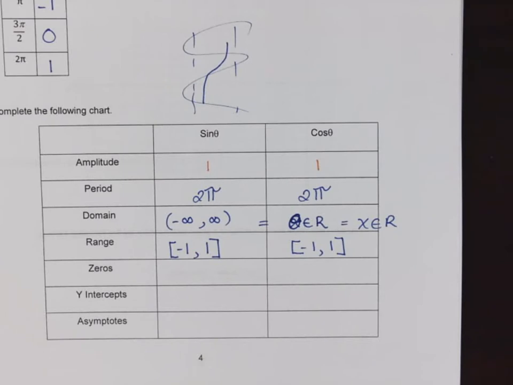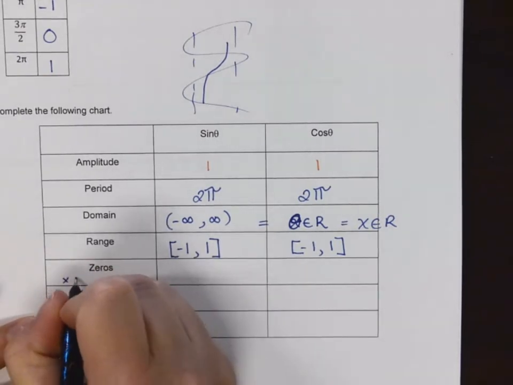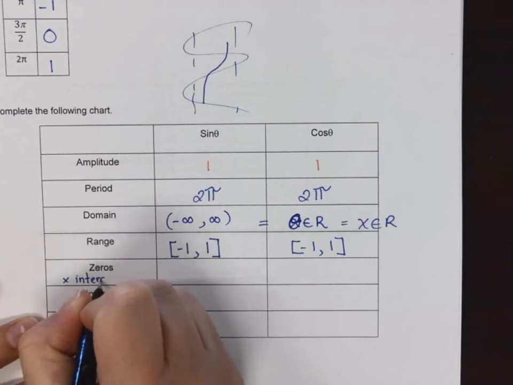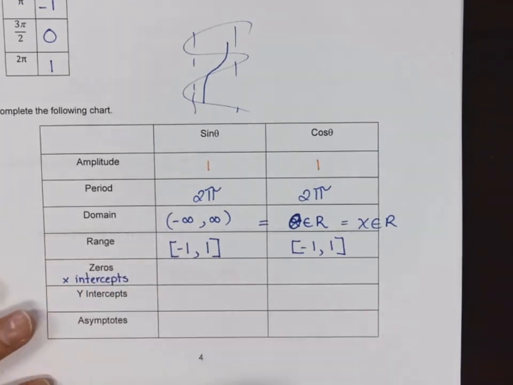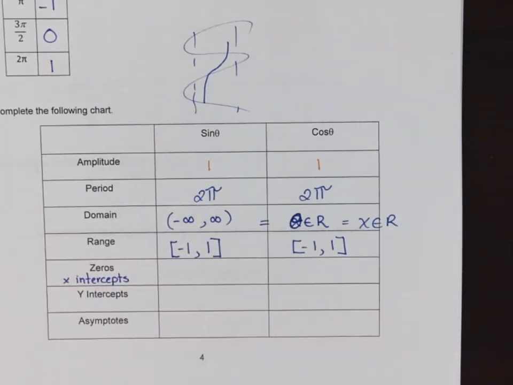So let's talk about the zeros of the function. What are zeros? Where they hit 0. Zeros are your x-intercepts. So for the sine graph, it would be 2 pi, pi, -2 pi, and -pi.